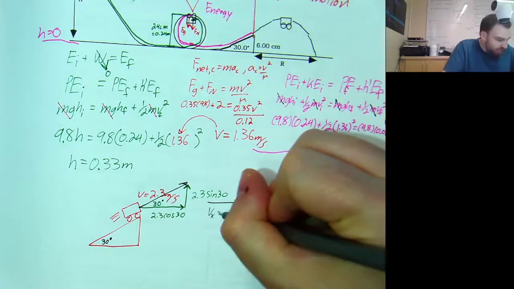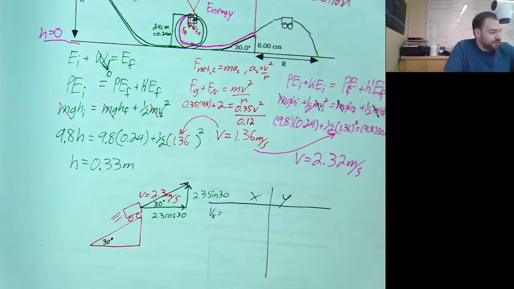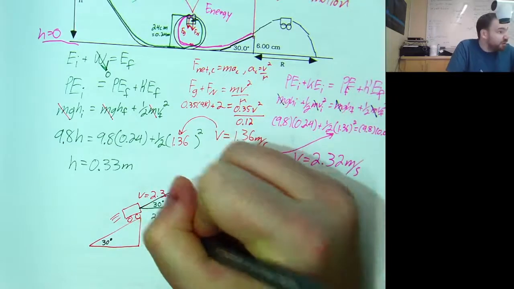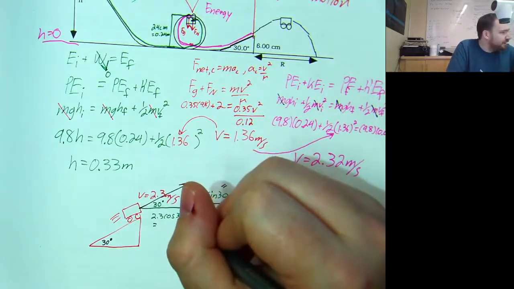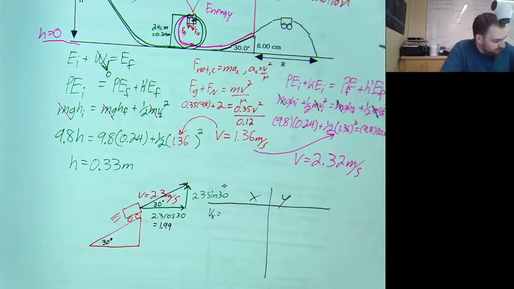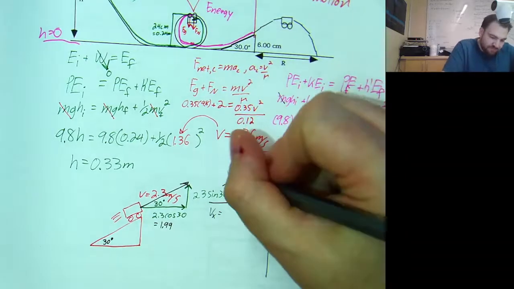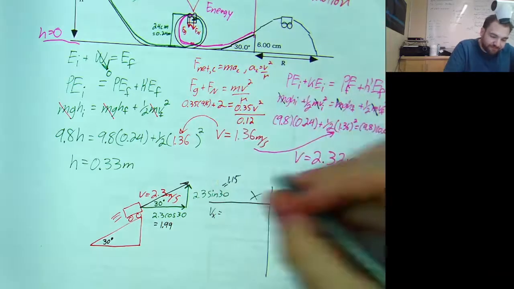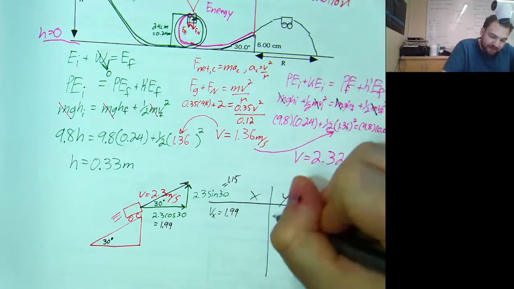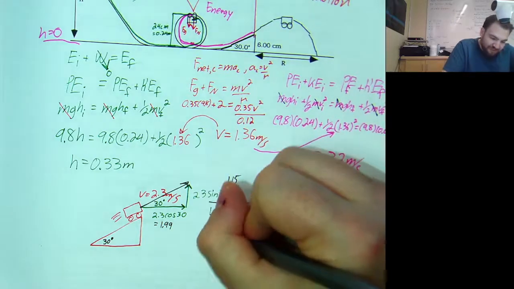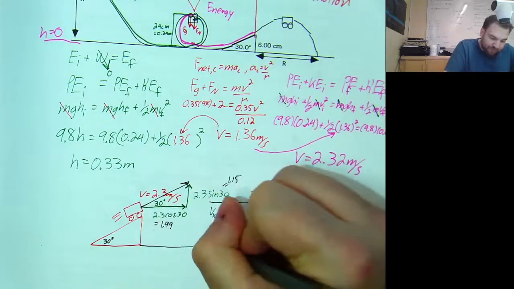Velocity in the x direction is that 2.3 cos 30, which is 1.99. Sine 30 is half, so 2.3 sine 30 is going to be 1.15. So Vx is 1.99, Vy is 1.15. The horizontal distance is that range that we're looking for.